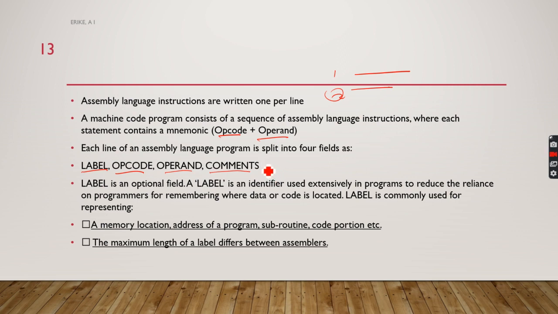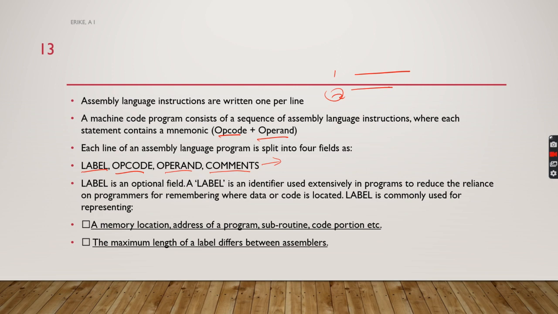The comments are human readable, and the program will not compile them. The label is an optional field. A label is an identifier used extensively in programs to reduce the reliance on programmers for remembering where data or code is located. So it's actually an identifier that shows you where a particular code is located.